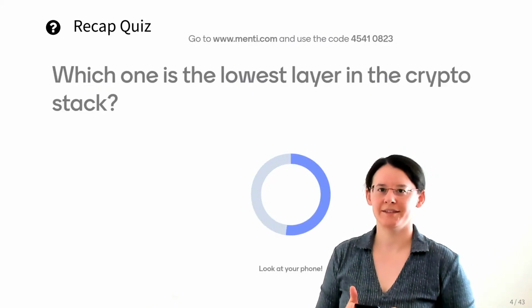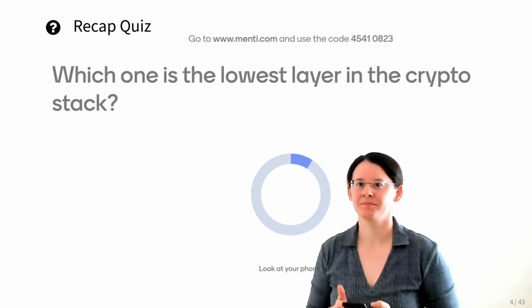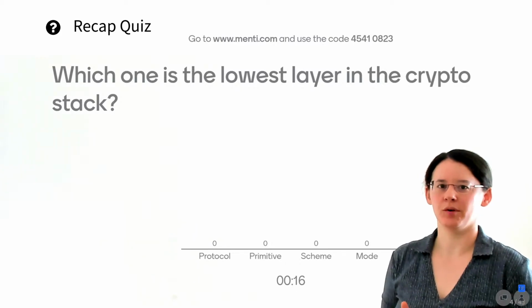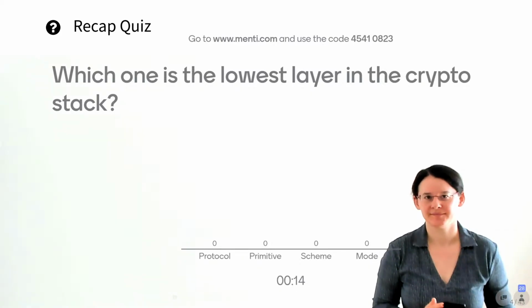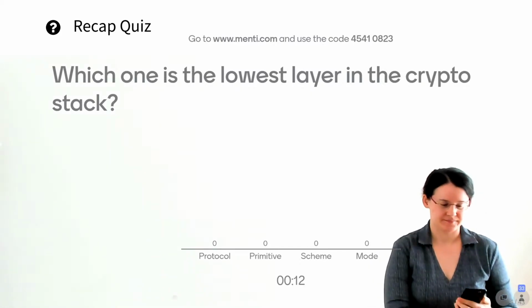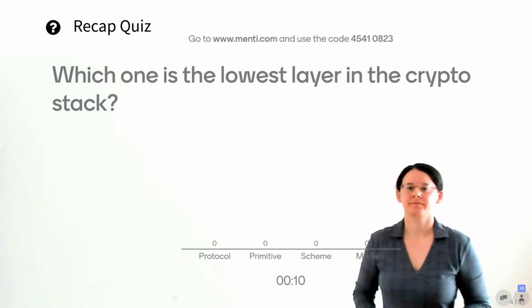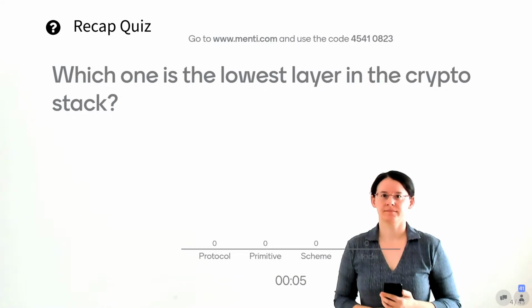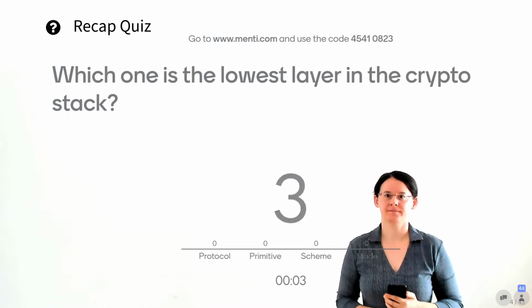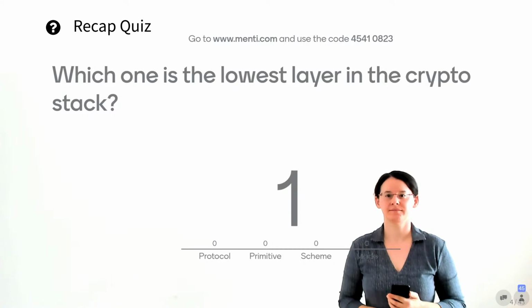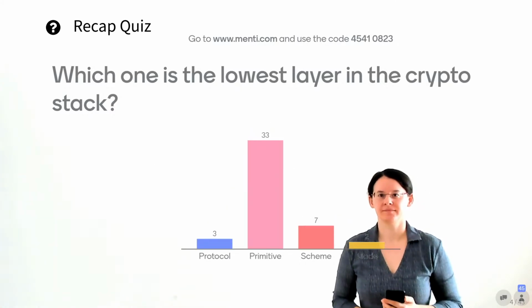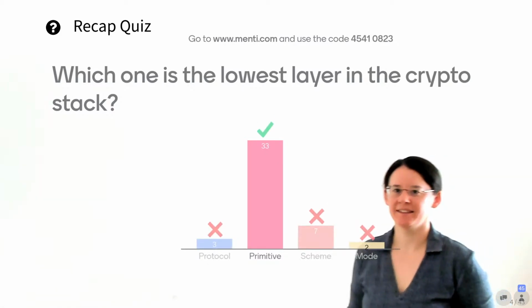Which one is the lowest layer in the crypto stack? Is it the protocol, the primitive, the scheme, or the mode? Yes, indeed, it's the primitive.